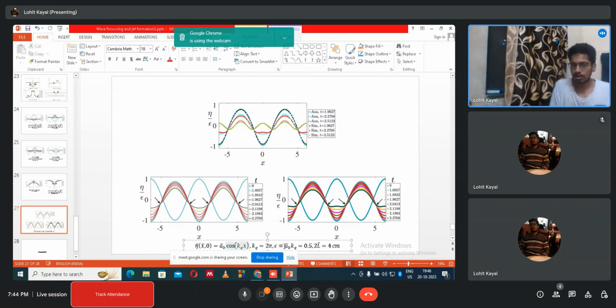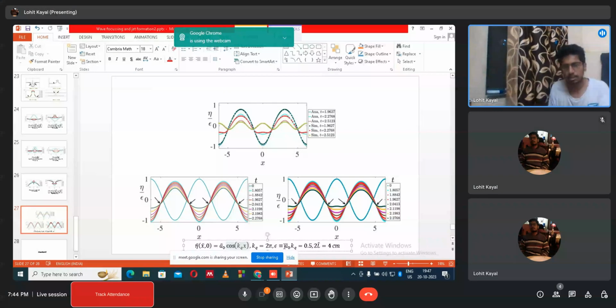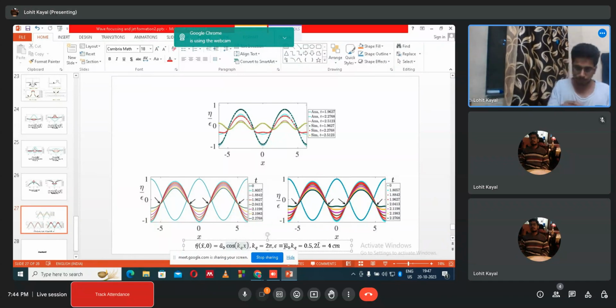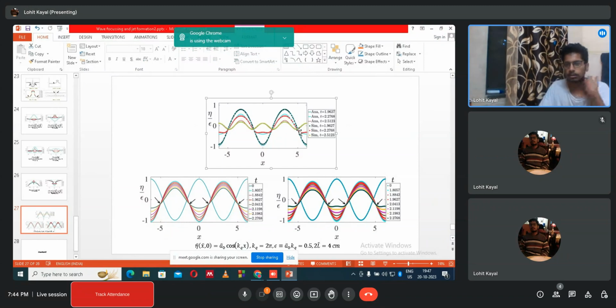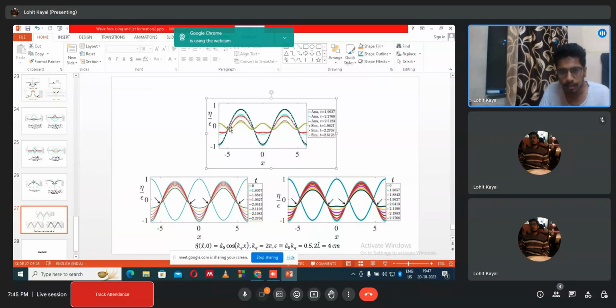Now your linear theory only works when epsilon is 0.01 or 0.1, very small values, but for higher values your linear theory doesn't agree with the solution. In this plot, you can see that the solid line is agreeing quite well with the dotted line. From this red solid line and green dots, you can see that they are almost overlaying on top of each other.